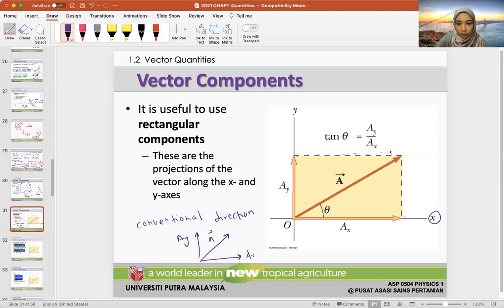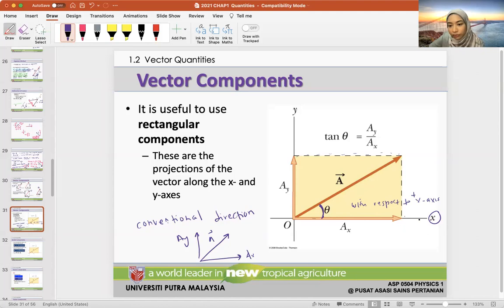Okay, so tangent theta, where theta is with respect to the positive x-axis. Theta is the angle of the vector with respect to the x-axis.